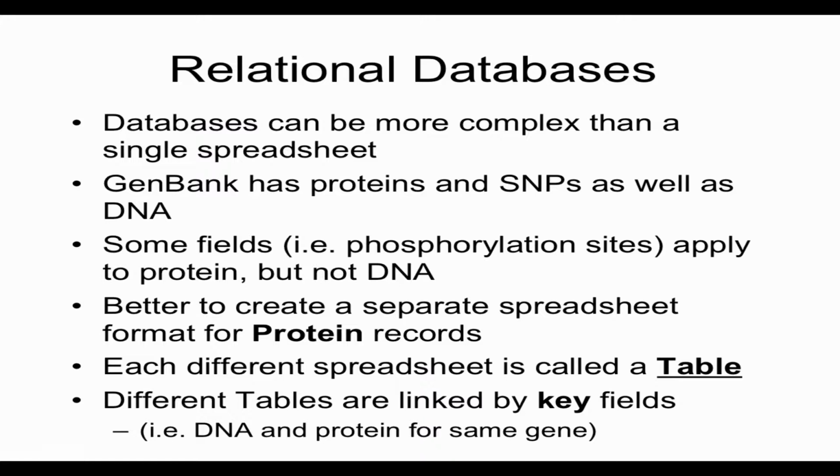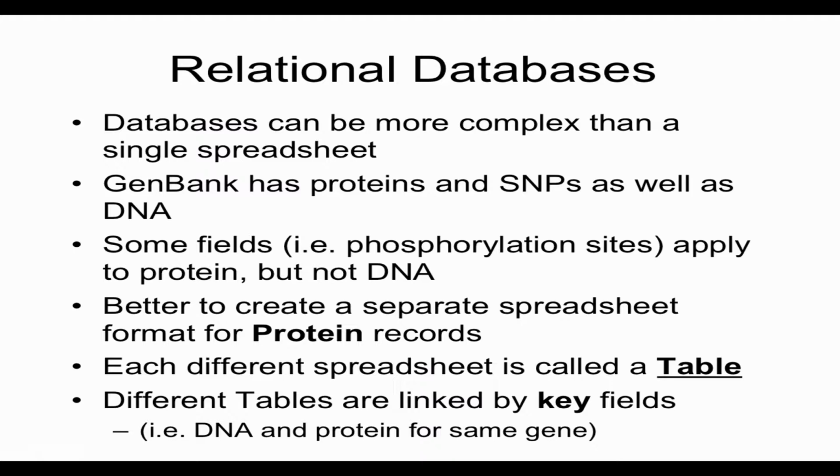Yet we do want to maintain some sort of a relationship between the protein and the DNA for the same gene. And that's where we come to the concept of a relational database. And the easiest metaphor for that is a stack of Excel spreadsheets that are linked by one particular key value. So there would be a particular value, a unique identifier of the DNA sequence, which would show up in a particular field in the protein sequence, and vice versa.